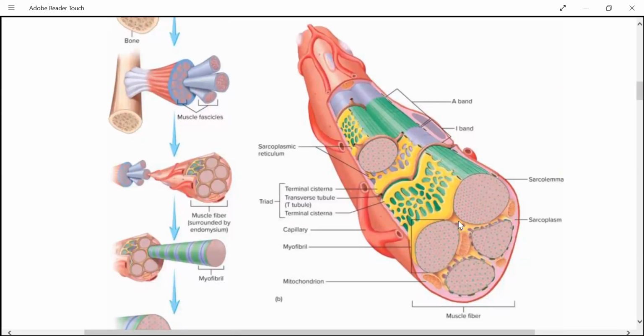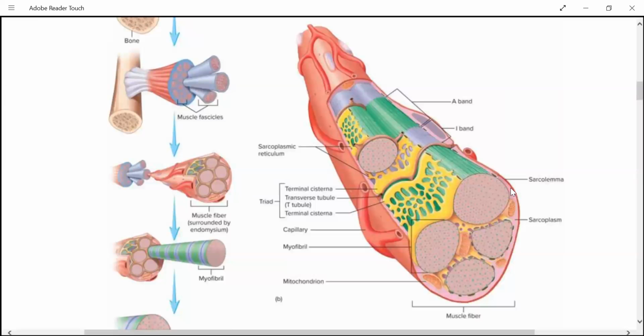Looking at the right side of our slide now, this is showing the zoom in on a muscle fiber. So we're here at this level. You can ignore the A band and I band. The whole thing is a muscle fiber, which is surrounded by the endomysium.